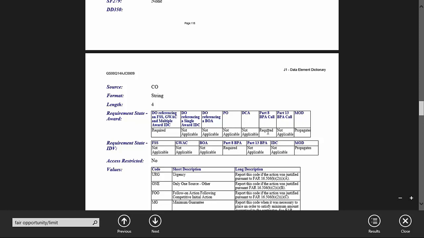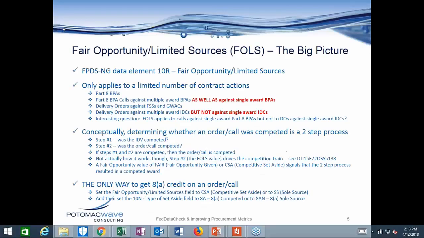The inconsistency there is you can't have a Part 8 BPA that's a single award, and we'll take a look at an example of that. So if it's left blank for a delivery order against a single award IDC, why isn't it also left blank for a Part 8 BPA call against a single award Part 8 BPA? I think it should be, but it's not.